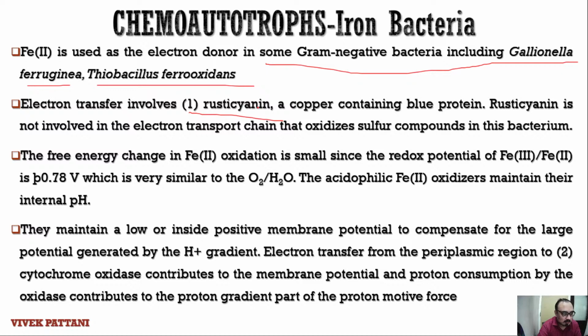What is rusticyanin? A copper-containing blue protein, which is not involved in the electron transport chain that oxidizes sulfur compounds in this bacterium. If you want to write the definition of rusticyanin, you can write just that it's a copper-containing blue protein which is involved in the oxidation of iron compounds, in short.